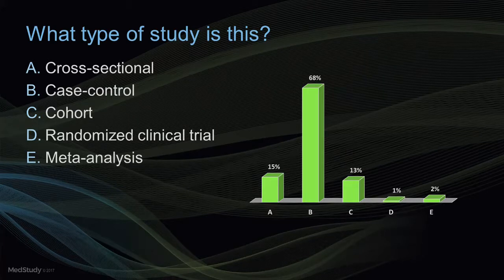Okay, so cross-sectional would be more of just taking everybody that we observed during a certain time period and trying to look for associations between a risk factor and a particular outcome. So that's why this isn't a cross-sectional study. We actually just pick out those 21 patients with the disease.